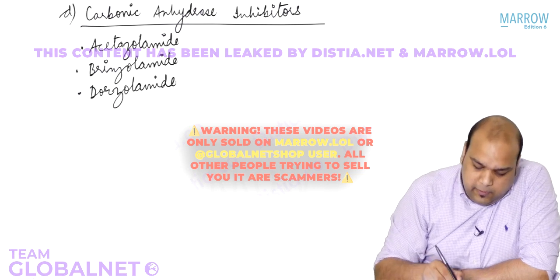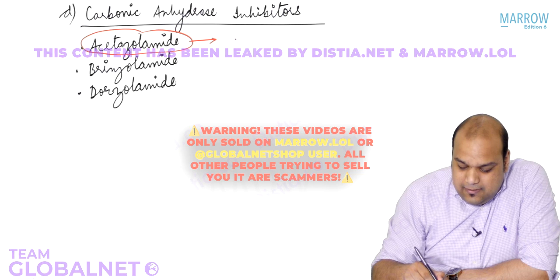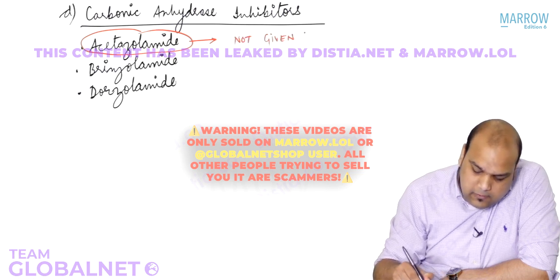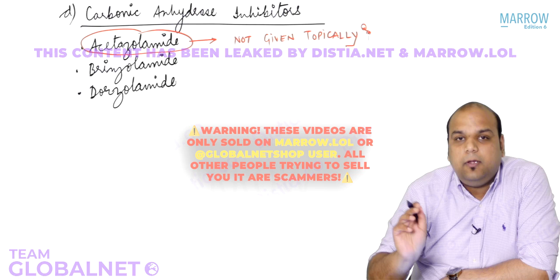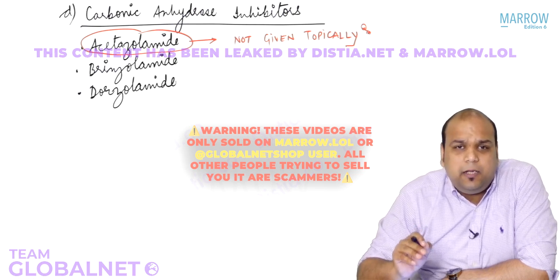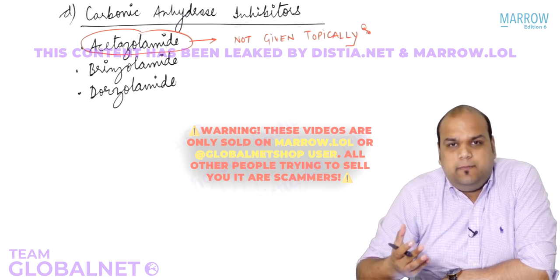Please remember the very important point about acetazolamide. First of all, acetazolamide is not given topically. We can't give it topically, guys. Okay? Acetazolamide in India is not available in topical formulation. It is only available as an oral formulation, everybody.